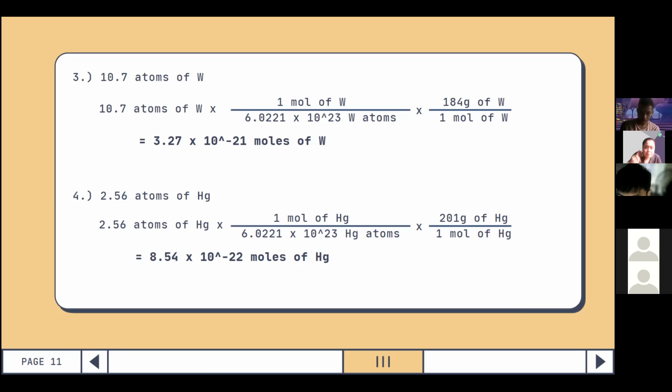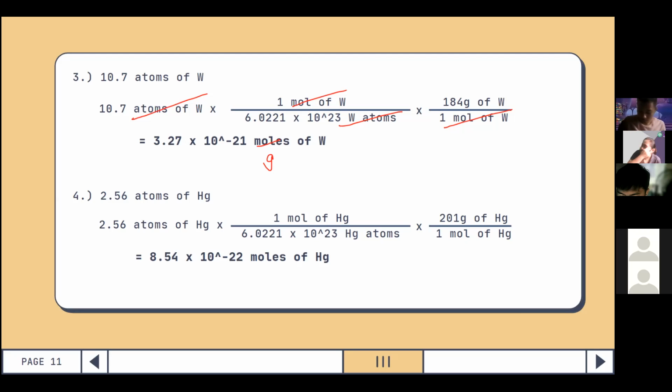Okay, very good. 10.7 times 184 divided by 6.0221 times 10 raised to the power of 23. Wait lang ha, cancel. Again, this should be in grams of tungsten. So this is 3.27 times 10 raised to the power of negative 21.